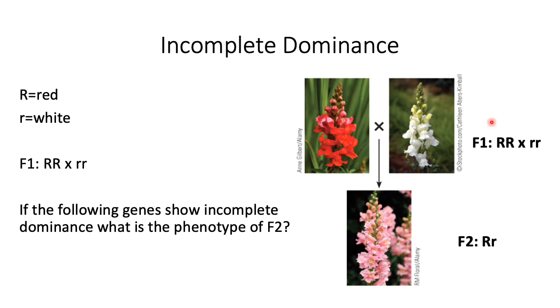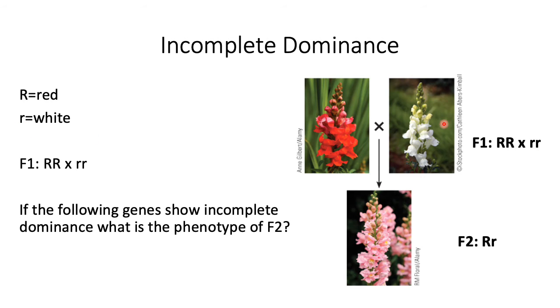And so in this case, for example, with incomplete dominance, you have a red phenotype expressed in capital R, and so this parent here has RR, so it's homozygous dominant for red, and the other parent here is homozygous recessive for white, and so it's written in the lowercase white.